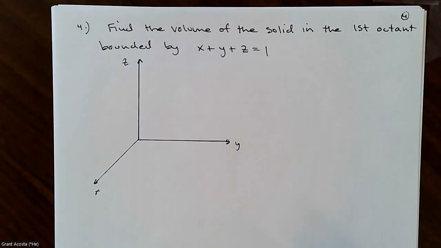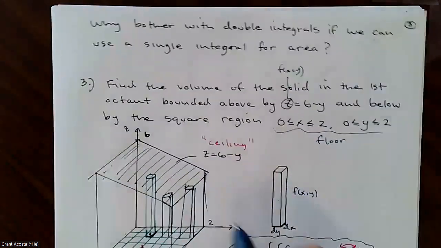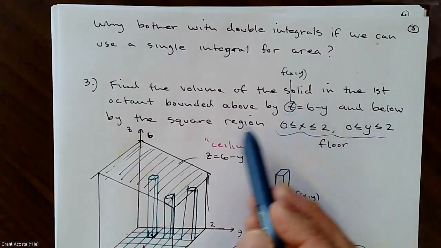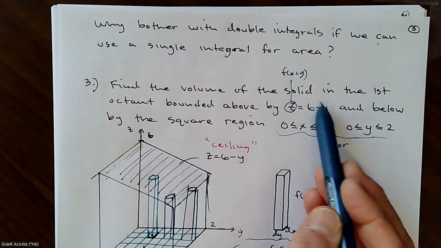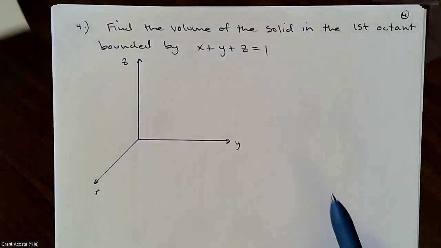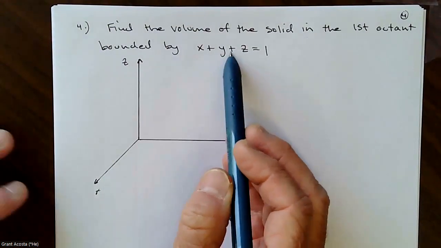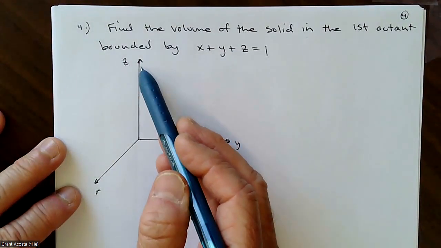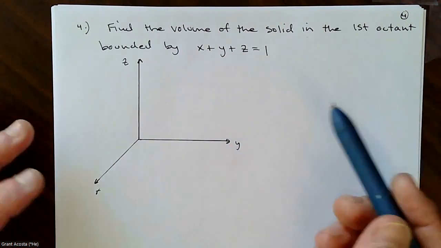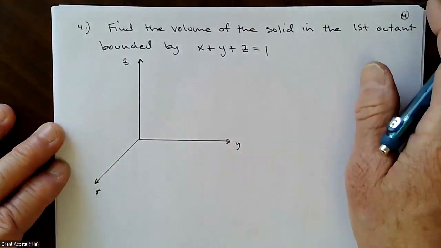But unlike the one we did here, which was also a plane, z equals 6 minus y, where my strategy for graphing was to just imagine sketching the line and extending it in the x direction because x was missing, for this one, since I have all three of my variables, this isn't going to be like a line extended in a certain direction. It's still a plane, but I'm not going to graph it the same way.